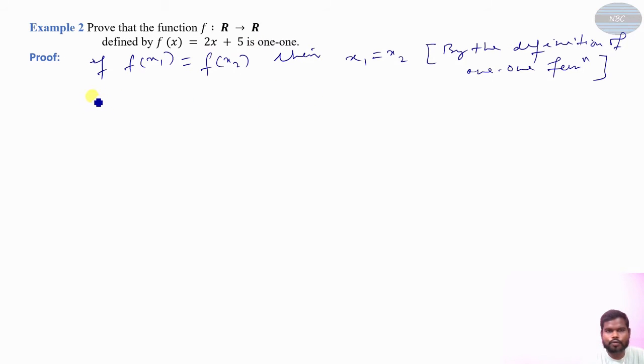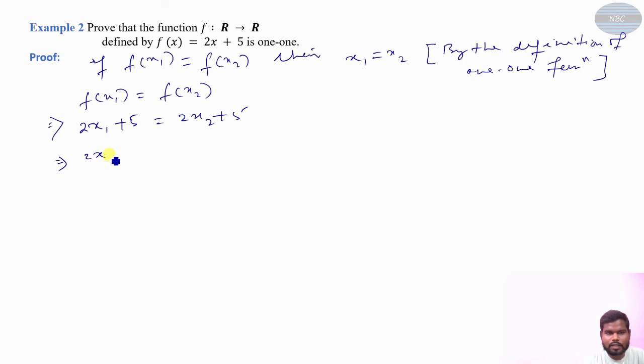Okay, so f(x1) is equal to f(x2), which implies the function is this one, 2x plus 5, so it can be 2x1 plus 5 is equal to 2x2 plus 5.